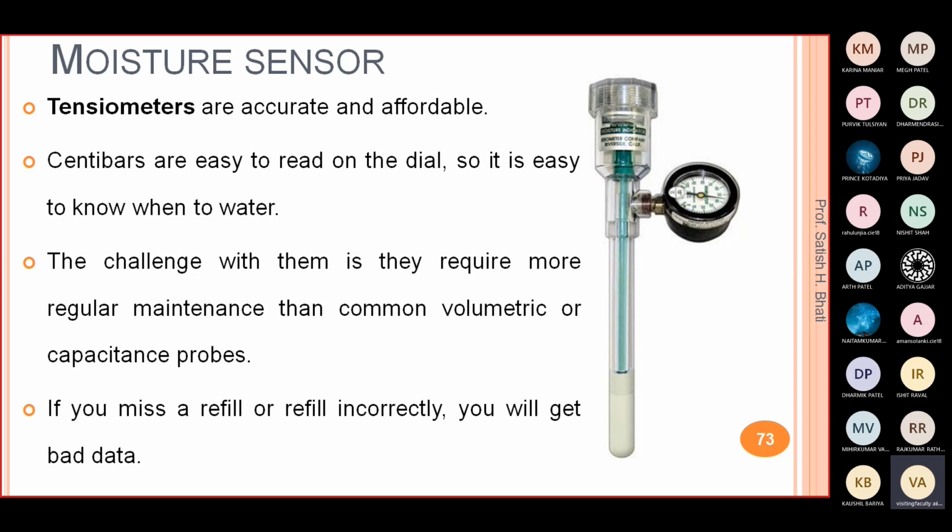Because in this type, when you want to measure the moisture, you have to fill the water up to some level, and you have to maintain that level. If you miss the refill or if you refill the water incorrectly, then you will get bad data or a wrong reading. Whatever moisture reading they provide may not be accurate or exact. So that is the disadvantage.